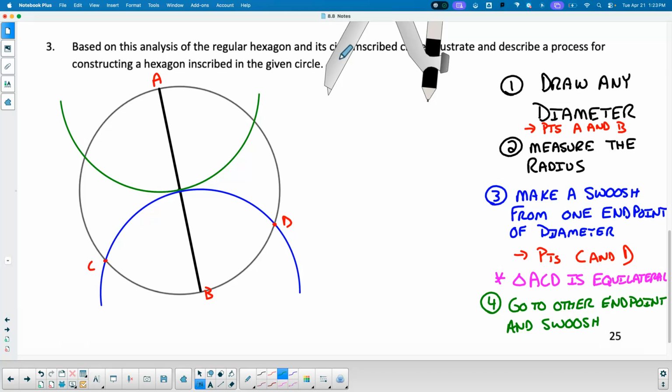That's going to create points E and F. Here's your hexagon.